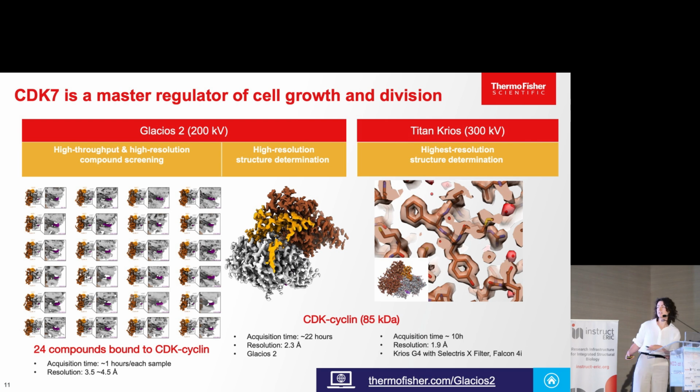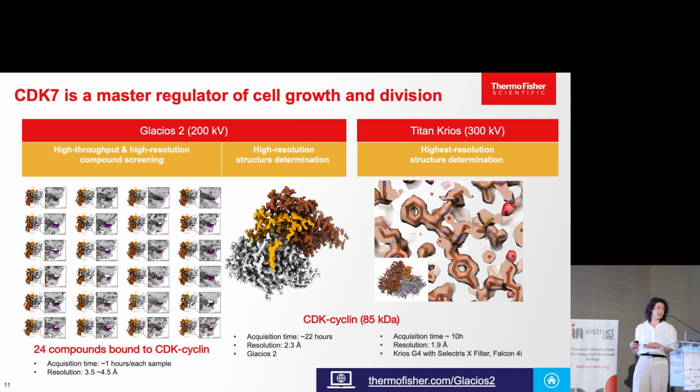In this particular case, they screened 24 compounds, so it was about 24 hours worth of instrument time. And even with just 1 hour of data on this really quite small and non-ideal specimen, they were able to achieve a resolution of 3.5 to 4.5 angstroms.